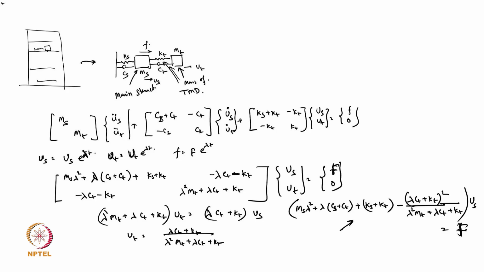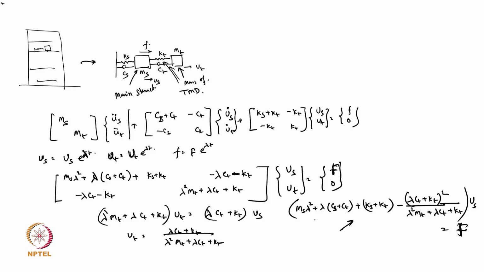So we can calculate what should be the amplitude of the vibration of that mass of the structure. We are not bothered that much with the other structure, like that TMD, but we are primarily focusing on what is happening with my main structure.